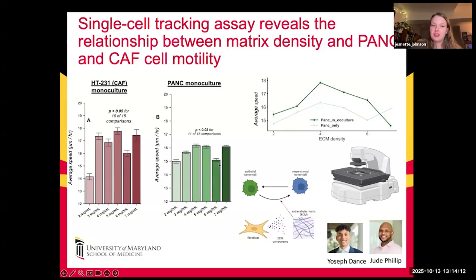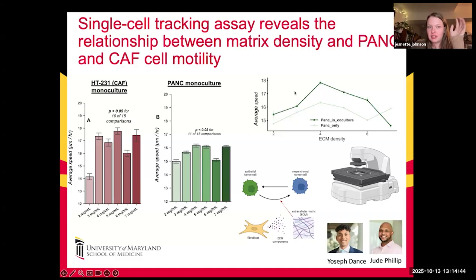So we found that the tumor cells, the panc cells here, have varying motility depending on the concentration of ECM, by themselves, with the peak motility being two peaks, one at 4 mg per mil and the other at 7. However, when they were with the fibroblasts, they were essentially faster across the board.